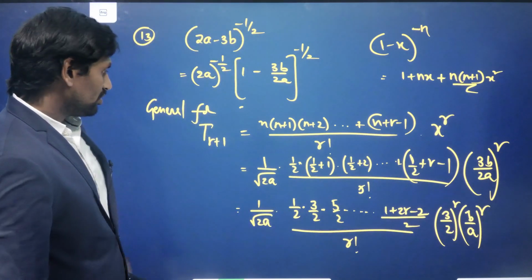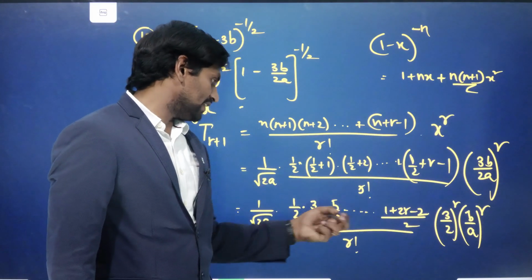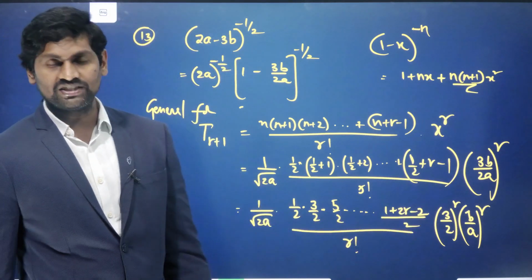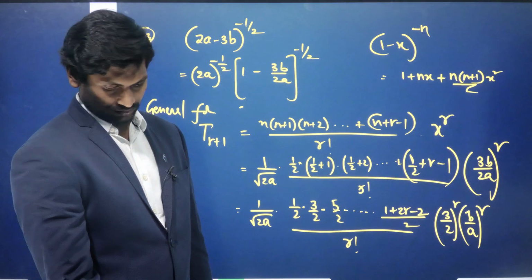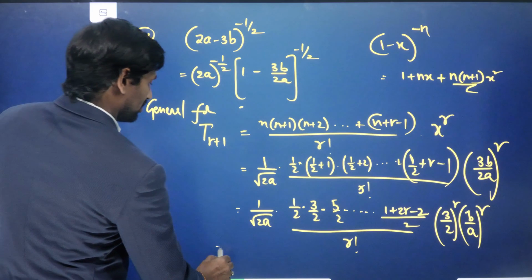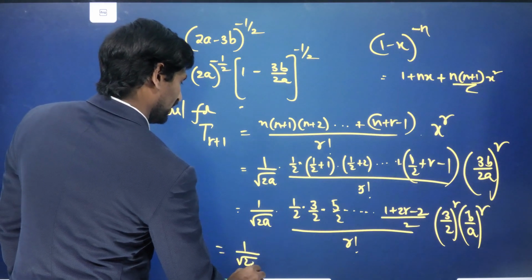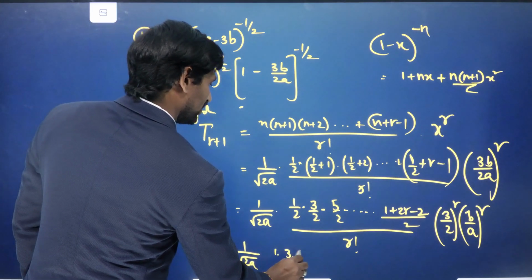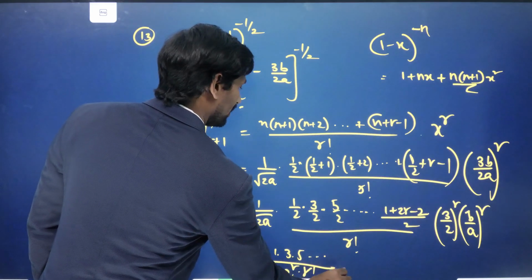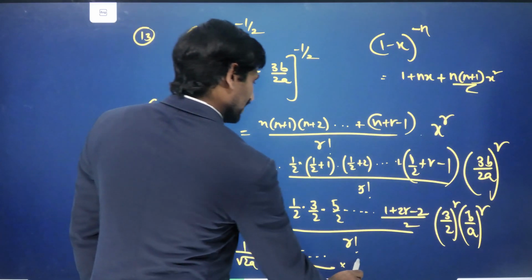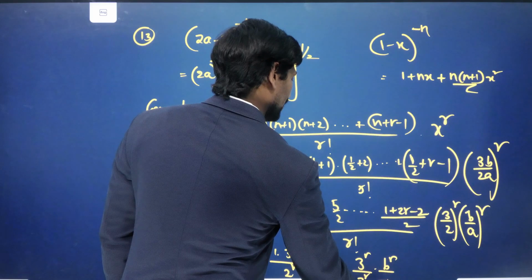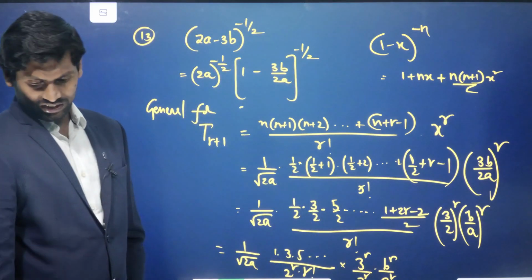So numerators 1 into 3 into 5 like that, denominators 2 into 2 into 2, how many times? r times. So 2 power r will come as it is again. That is equal to 1 by root 2a, 1 into 3 into 5 and so on, denominators 2 power r into r factorial, and here 3 power r by 2 power r into b power r by a power r. I just wrote it separately like this.